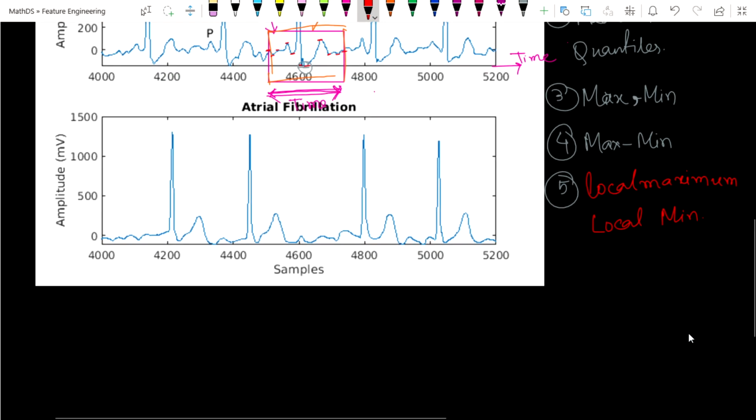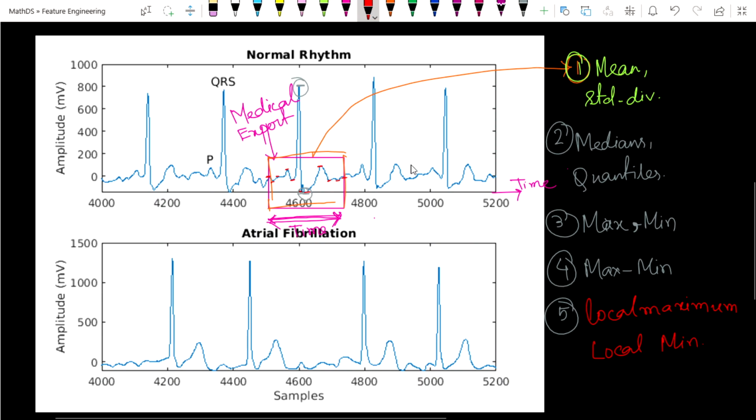Now the next thing is the mean crossover or zero crossover, another name you can call it. What will be the mean value? We can easily find it from the data set. Suppose I've taken one here.